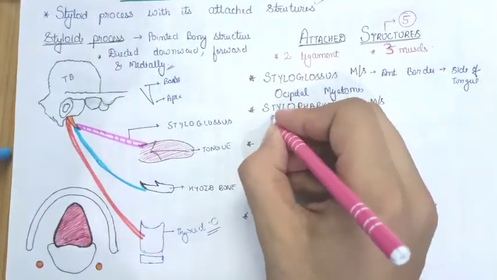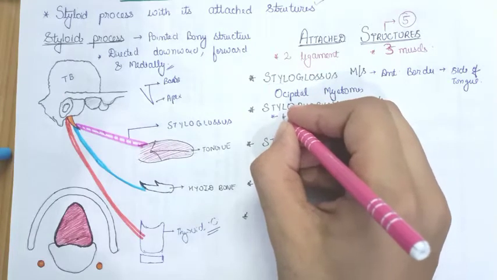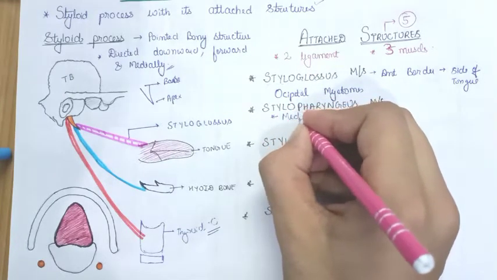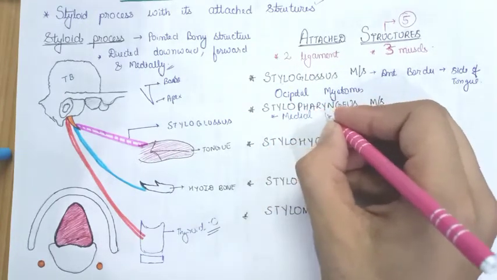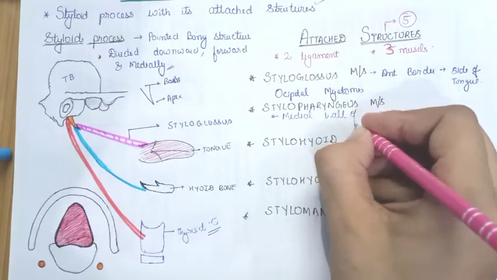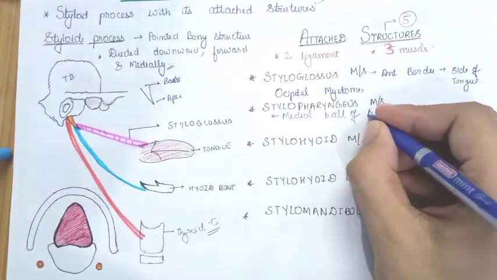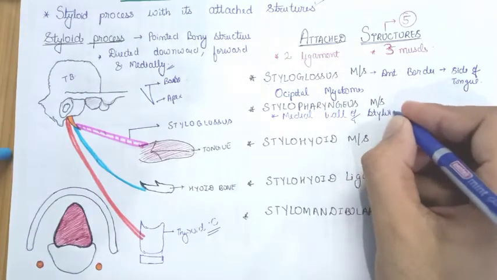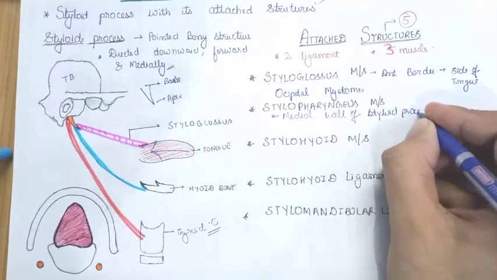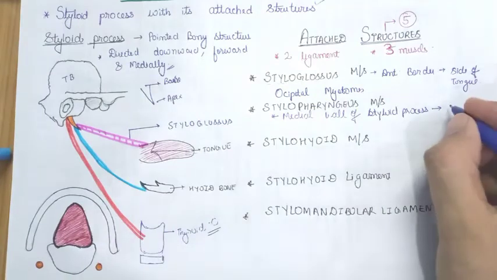Stylopharyngeus originates from, or is attached to, the medial wall of the styloid process, and is attached to the thyroid cartilage.